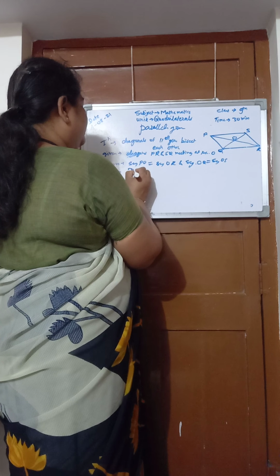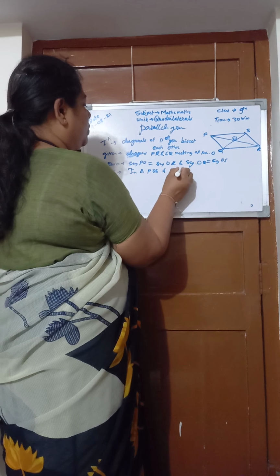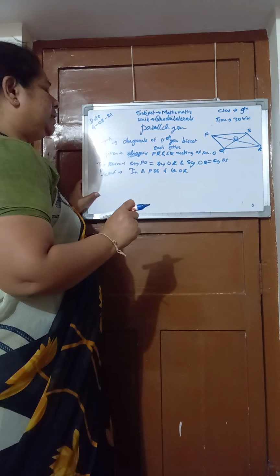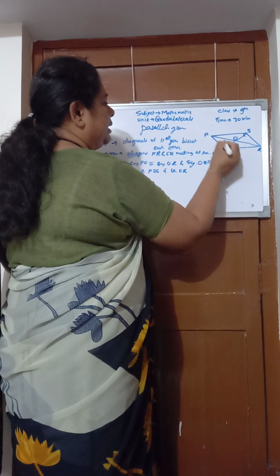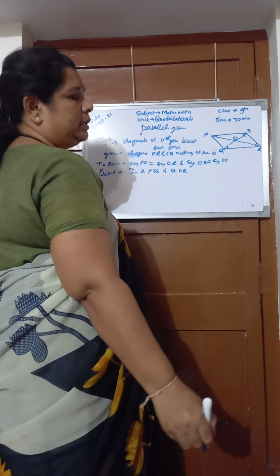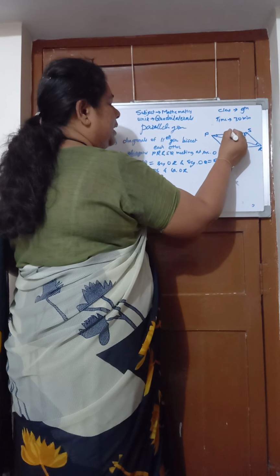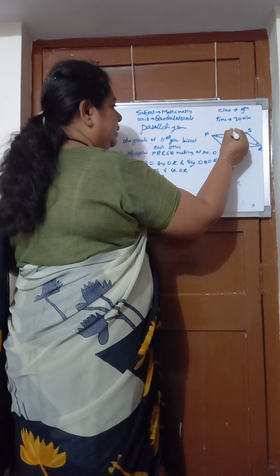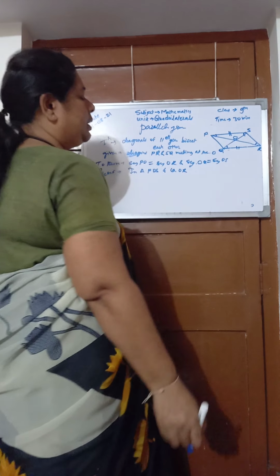In triangles POS and QOR, what is same here? This angle equal to this angle and this angle equal to this angle. Okay. These are congruent. And as it is a parallelogram, these two sides are equal. PS equal to QR.